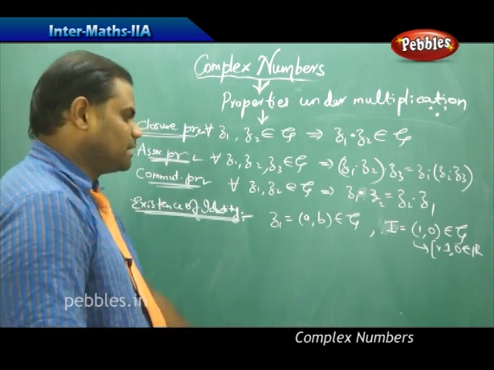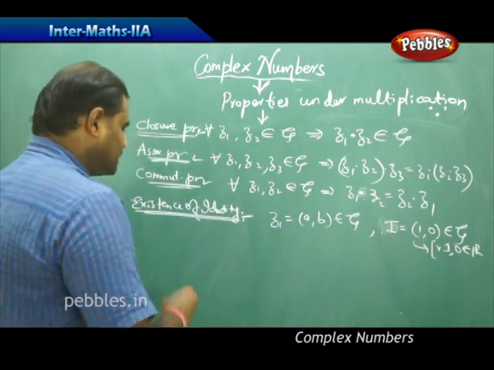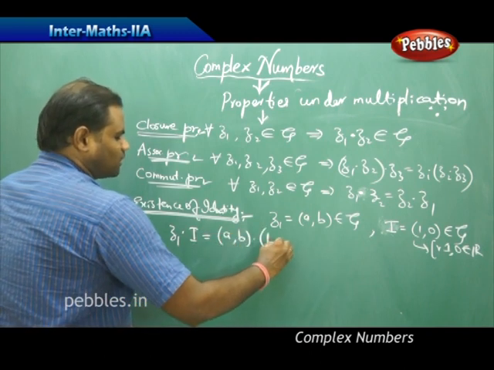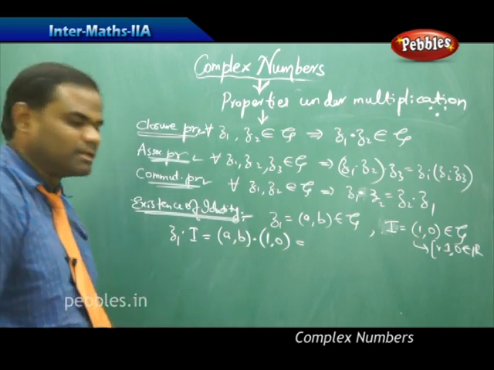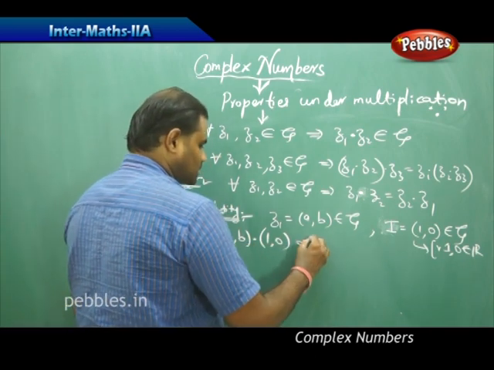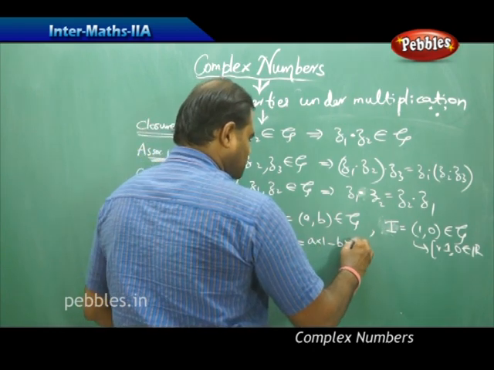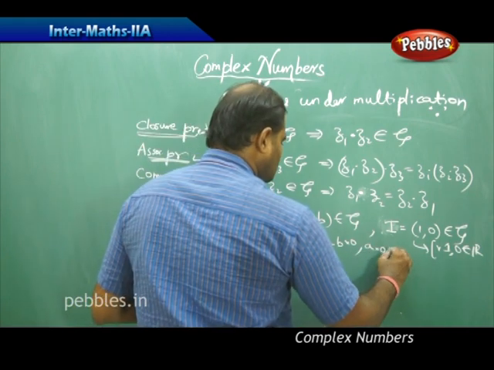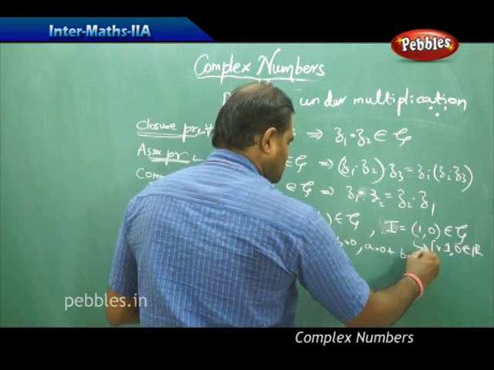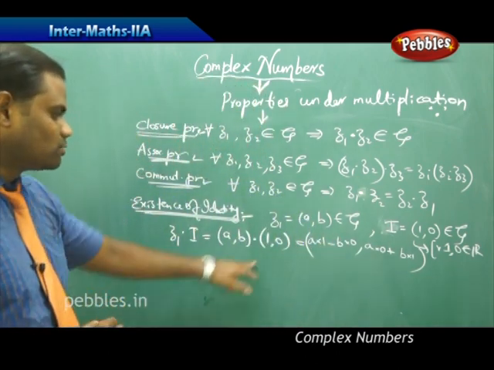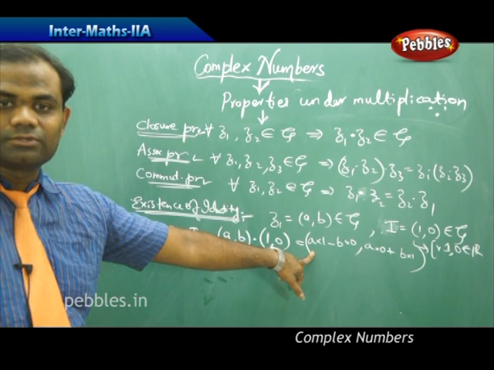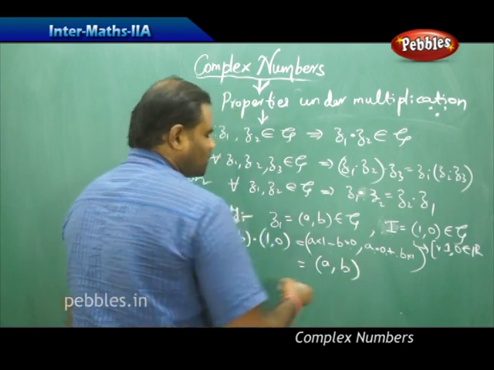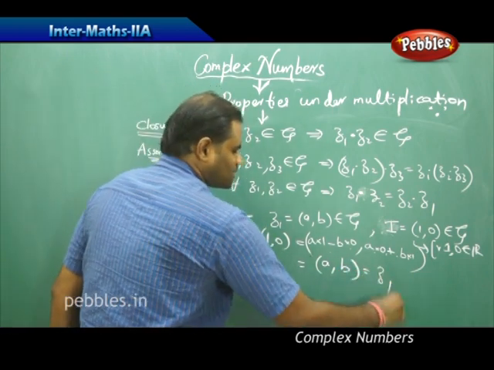So in this case, when I multiply the identity 1 comma 0 here, I get z1 times I, which is a comma b times 1 comma 0, which on multiplication gives me ac minus bd, that is a times 1 minus b times 0, and ad plus bc, that is a times 0 plus b times 1, is what I get when I use the multiplication property of multiplying two complex numbers, ac minus bd, ad plus bc, which gives me a comma b on simplification, which is nothing but z1.